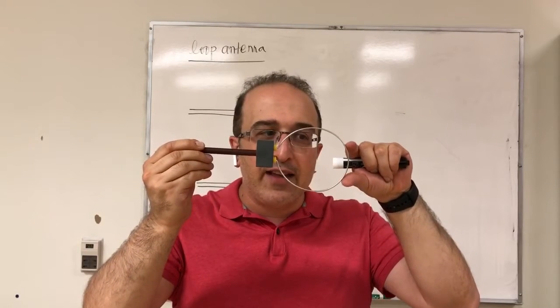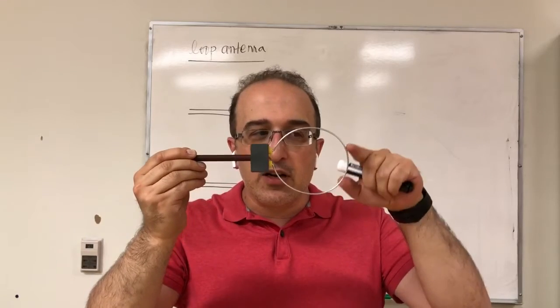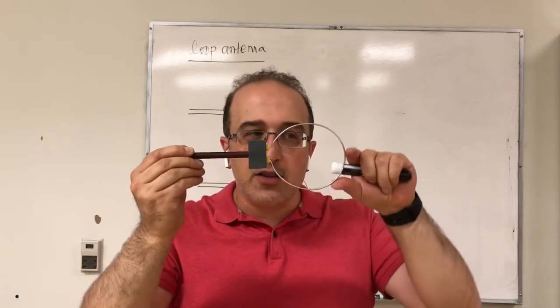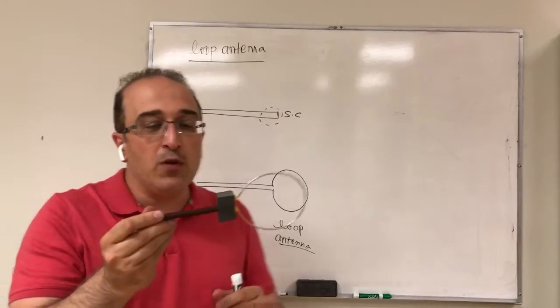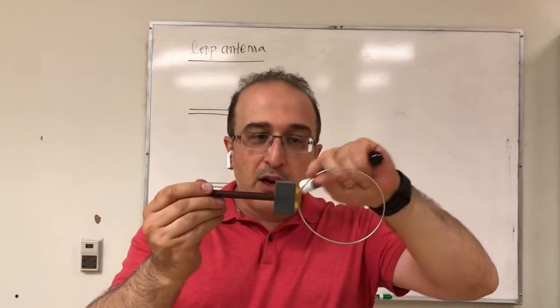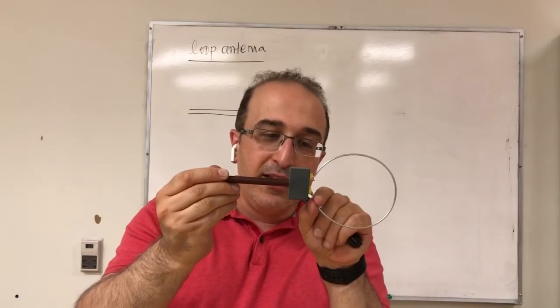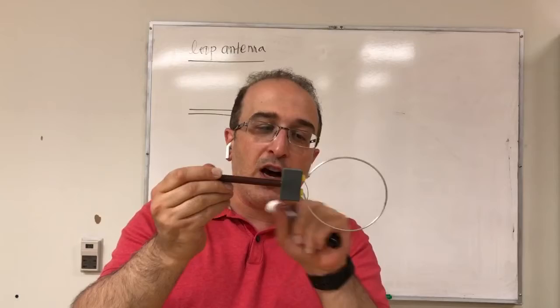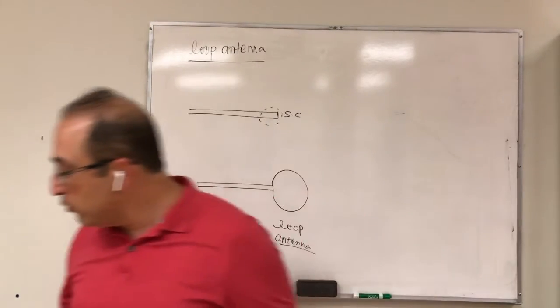And of course, at the end, these two connectors are connected to each other because these two conductors are connected, and that's the indication of short circuit here. So essentially, one of these conductors is connected to one conductor of the coaxial cable, the other one is connected to the other one, and they're now connected to each other. So that makes a loop antenna.